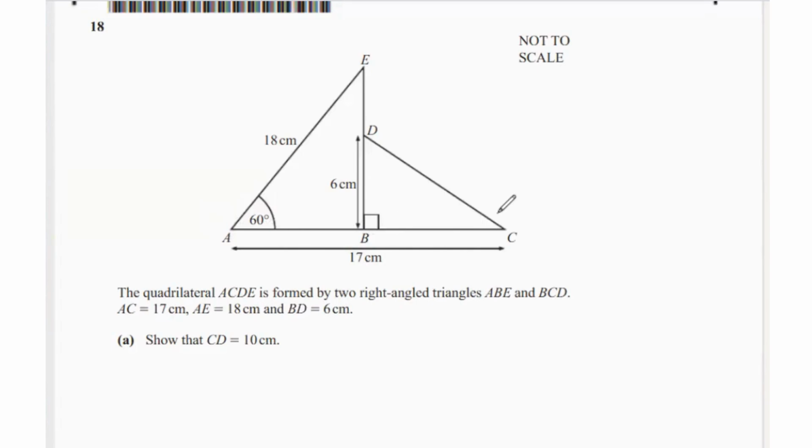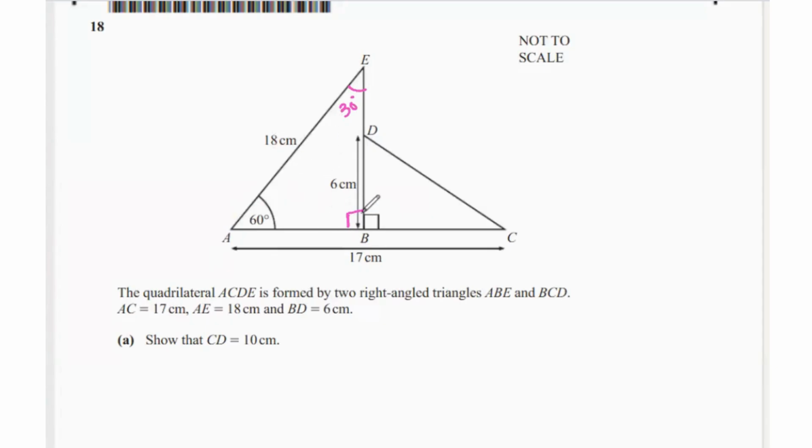So if you notice, the triangle AEB is a right angle triangle. This is 90, this is 60, so this would be 30. Because 180 minus 90 minus 60 is 30. Now, if you remember the special triangles, one of the special triangles has the angle ratio of 30, 60, 90. So whatever the length opposite 30 is, twice that is the length opposite to 90 degrees.